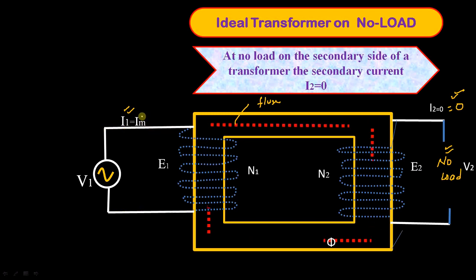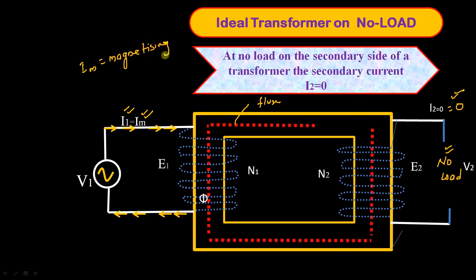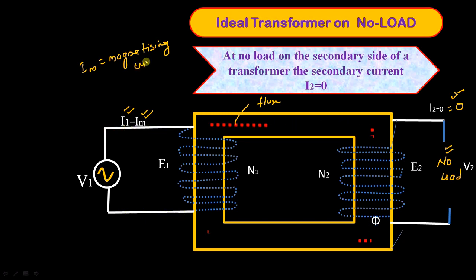Therefore, this current is also called the magnetizing current, which is denoted by Im.